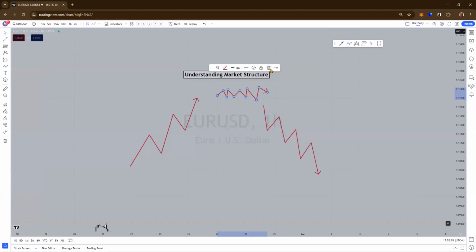Okay, so we're going to go ahead and delete that right now and just focus on market structure. Now the great thing about market structure is this. If the market does not break certain lows, it'll continue to rise higher. Because what you want to do when placing a trade, you always want to place a trade on the pullback. Okay, you know the concept: buy low, sell high.